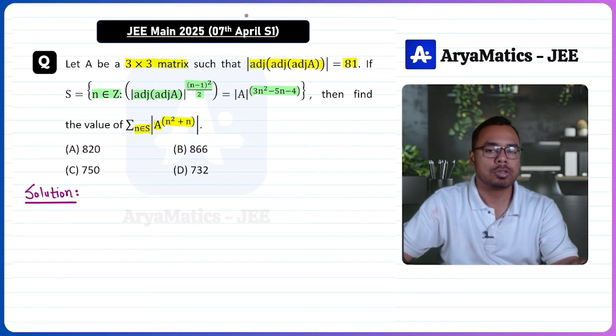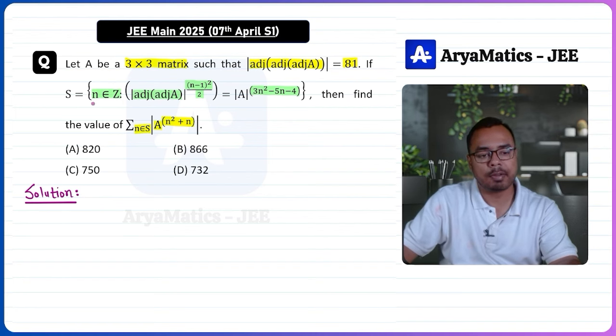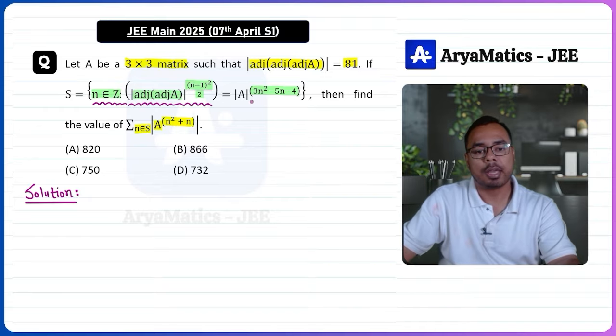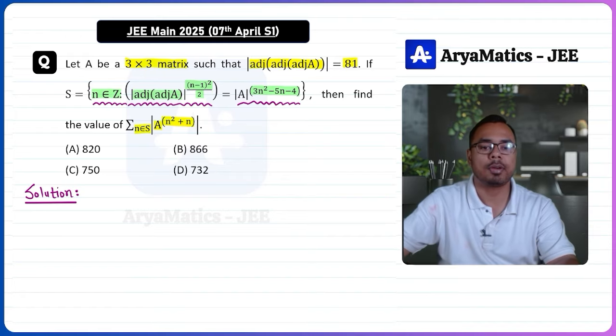So basically in this problem, first we have to find all the integral values of n which satisfy this equation, right? And for that we need to use properties of adjoint of a matrix.